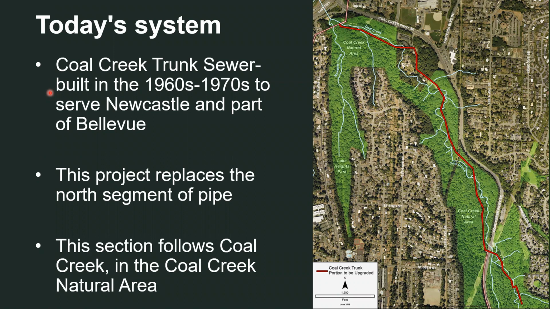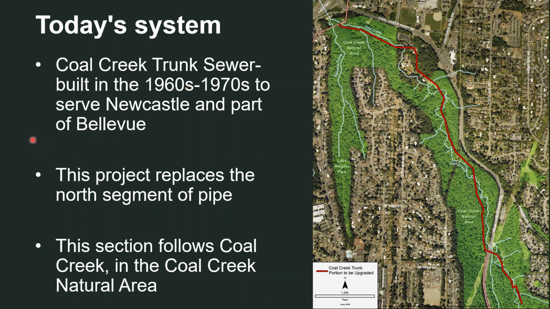It crosses the creek a number of times, and it ultimately connects near the north end of the project to the county's east side interceptor, taking the flow in that pipe down to South Treatment Plant in Renton. You can just barely see that line right there. That's the ESI, as we call it.